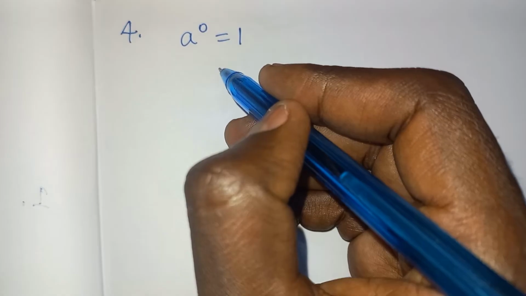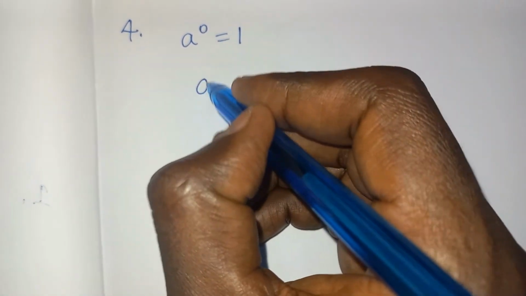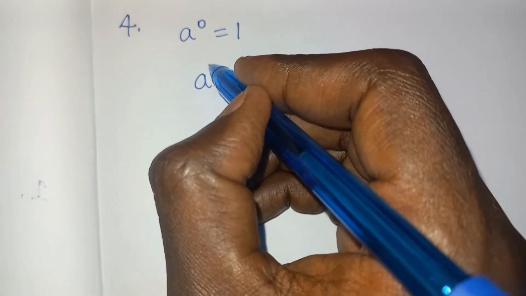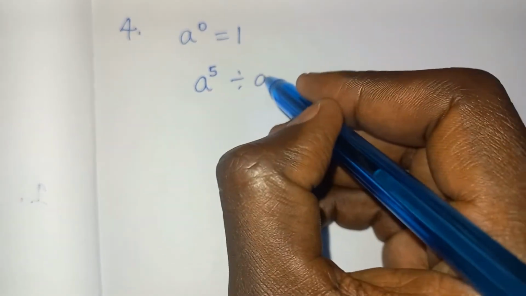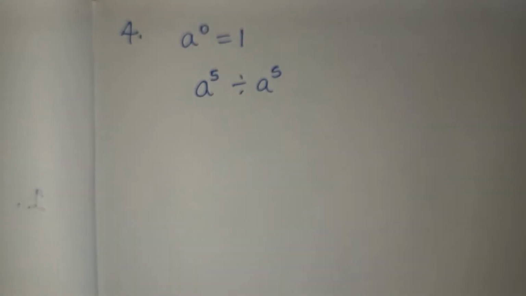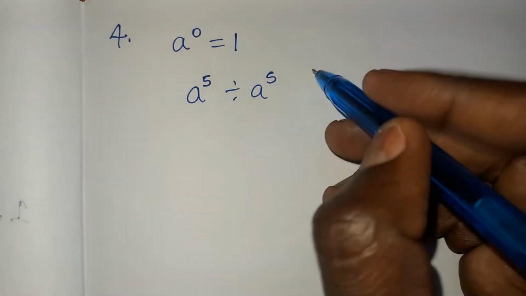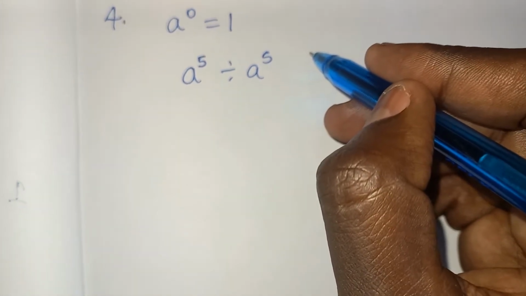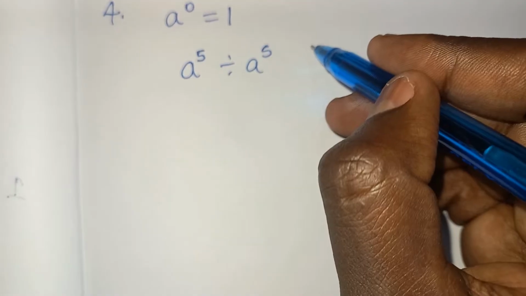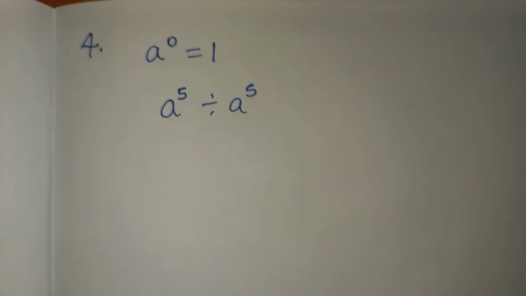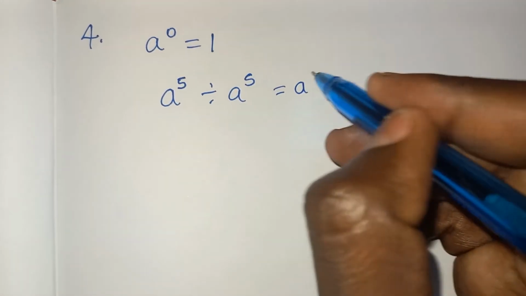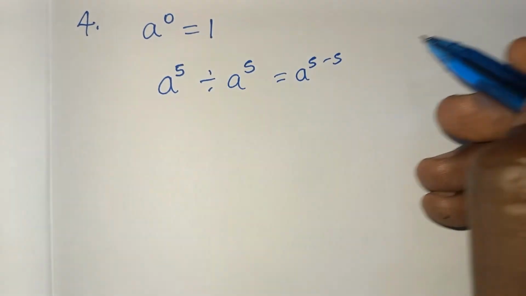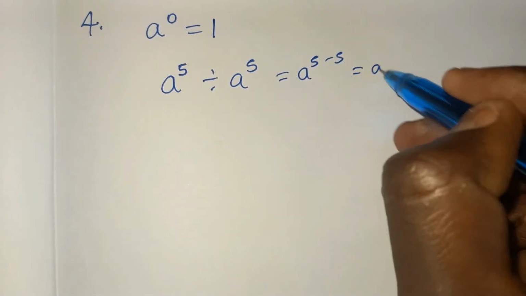Suppose we have a raised to power 5 divided by a raised to power 5. We know from the second law of indices, or the division rule of indices, this is the same as a raised to power 5 minus 5, which is the same as a raised to power 0.